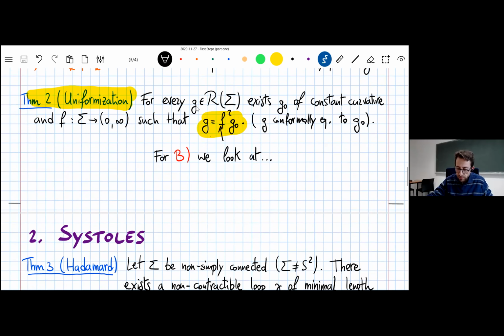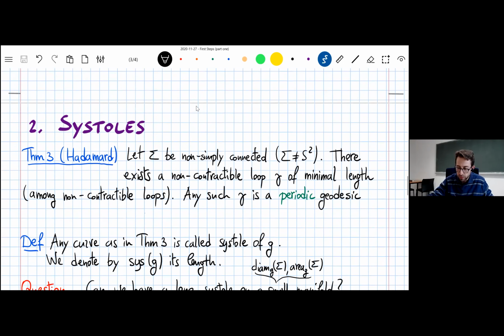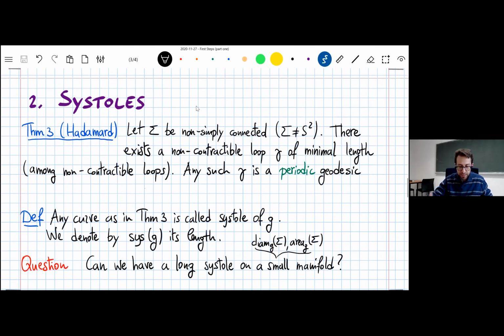So let's see then how we approach the second way of studying metrics. And this is for us today through the notion of systoles. So a systole is a particular kind of curve on our space. And it's a curve which has minimal length among non-contractible loops.